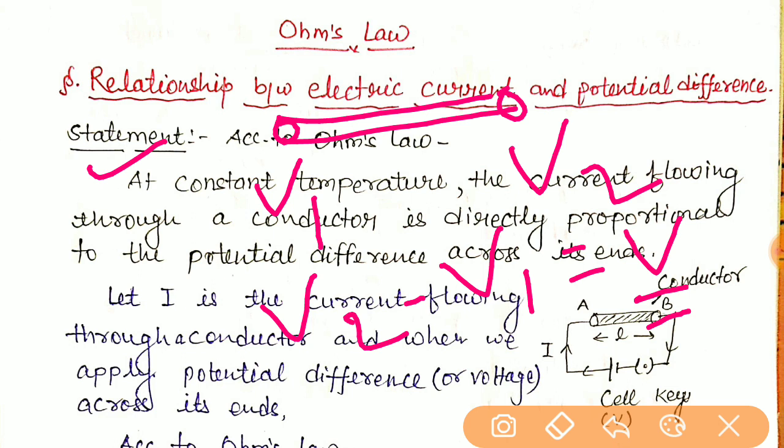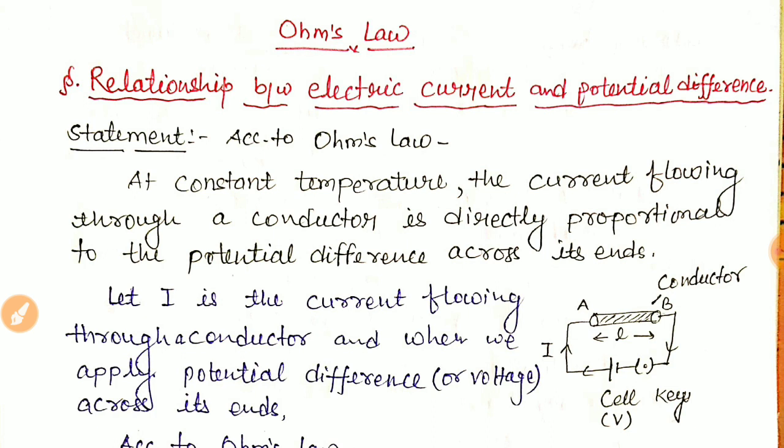It means if a stronger potential difference is applied, then the current will be much greater. If we apply less potential difference across the ends of the conductor, then there will be less current flowing through the electric circuit. So this is the statement we have understood.